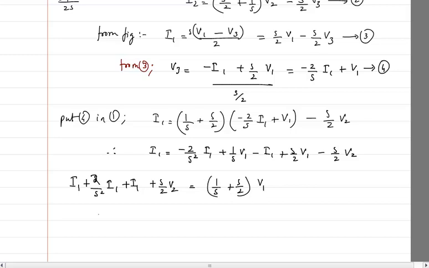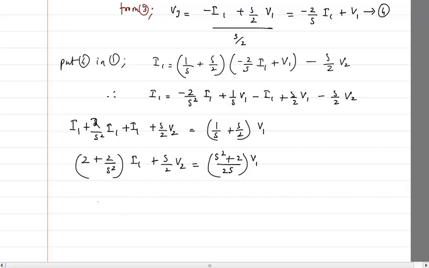So if I write all I1 components together, I will get 2 plus 2 by S square into I1 plus S by 2 V2 is equal to S square plus 2 divided by 2S into V1. From where I can write V1 is equal to, doing the multiplication, 2S divided by S square plus 2.